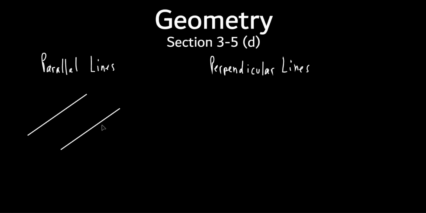Is one any steeper than the other? If I was going to walk up this mountain, is that any steeper of a climb than that is? It's the same steepness, isn't it? Same exact steepness. So they have the same what? The same slope. Okay? They have the same slope.